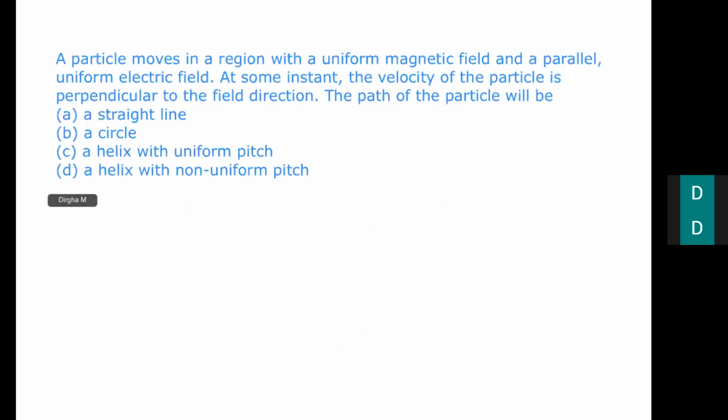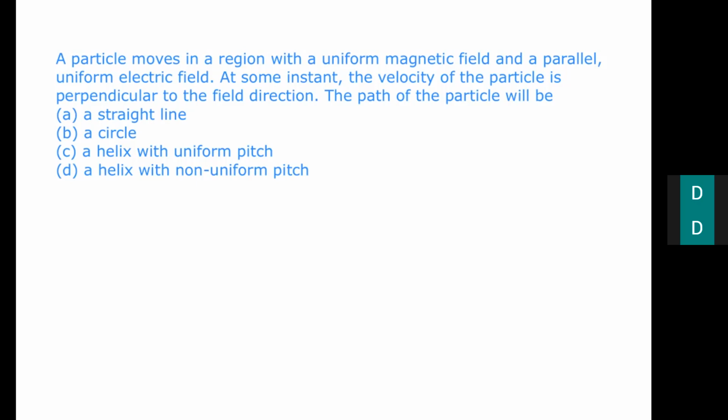It is given that a particle moves in a region with a uniform magnetic field and a parallel uniform electric field. So now both the fields are involved, the electric field and the magnetic field. At some instant, the velocity of the particle is perpendicular to the field direction.